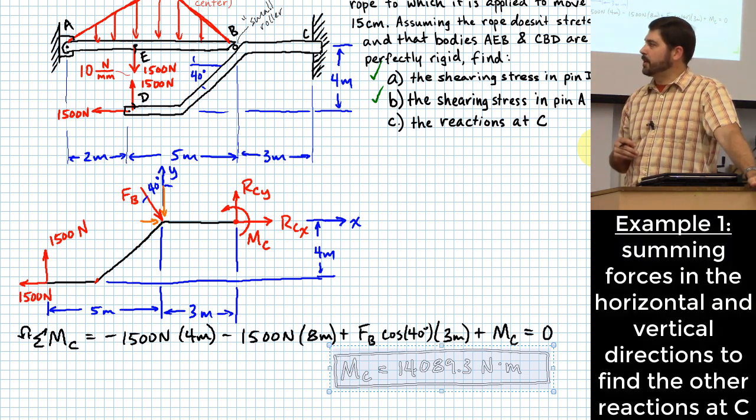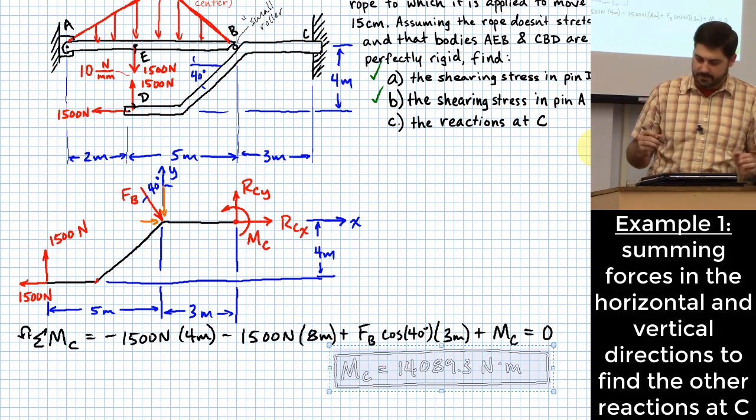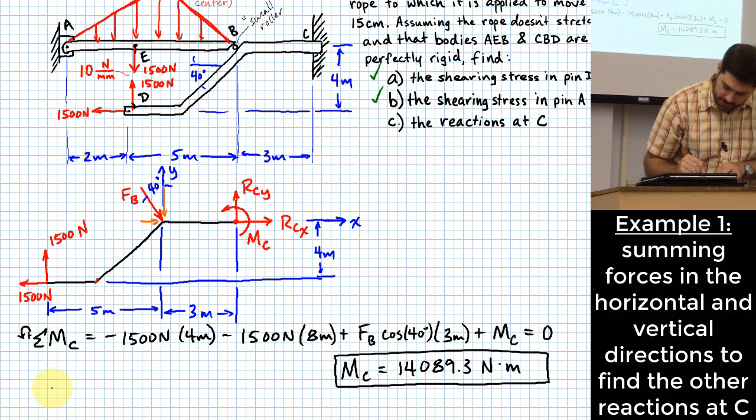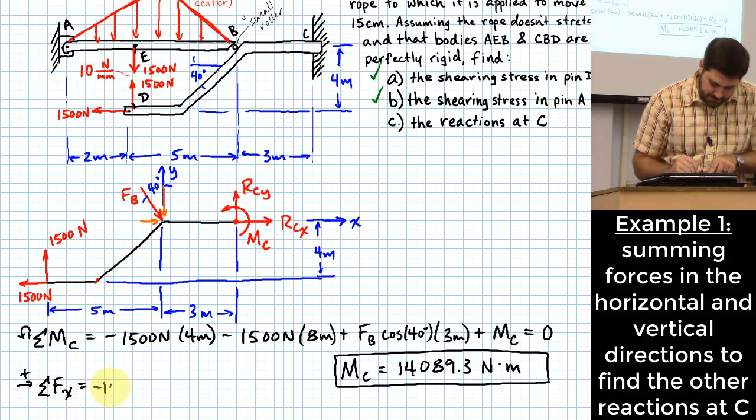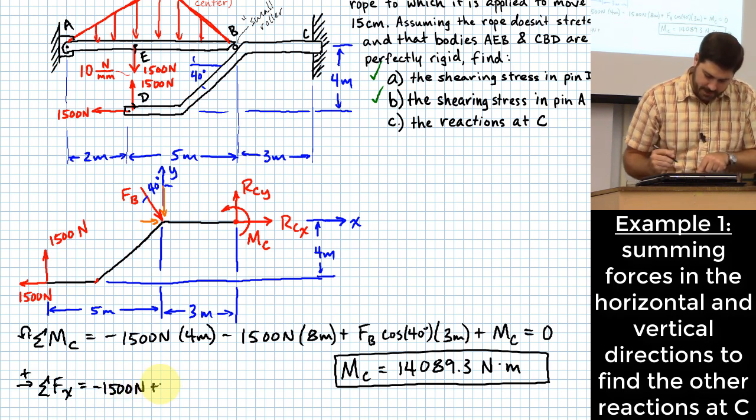What is that? We're supposed to find all these reactions. What do we need to do next? Okay, might as well start with X, right? Okay, for X I have minus 1,500 newtons plus the horizontal component of FB.